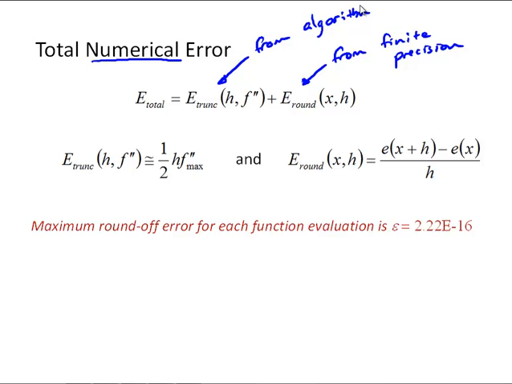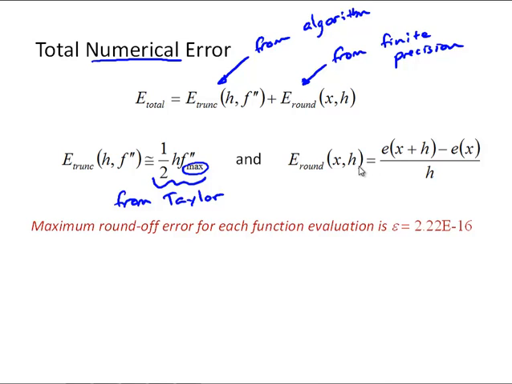And in this case, they're both proportional to h. So that truncation error again, the truncated term from the Taylor series, if you recall, was 1/2 h times the maximum second derivative in the interval.